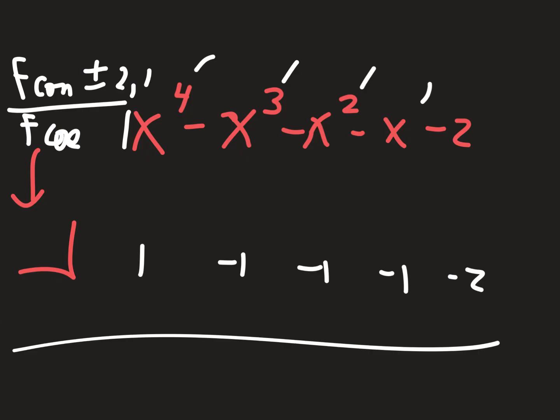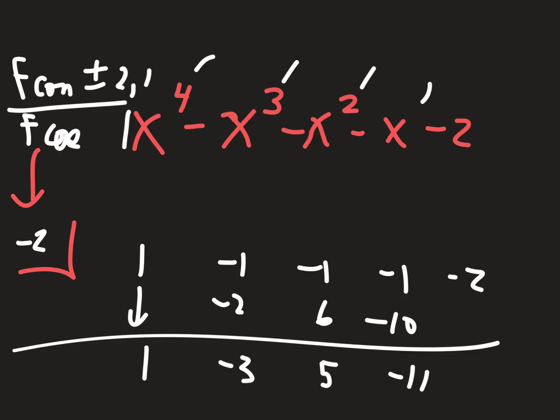Okay, so I'm going to just try -2. You can tell this is probably not working. Yeah, it didn't work out. Now, just to clarify, if they had asked you the question, is -2 a 0?